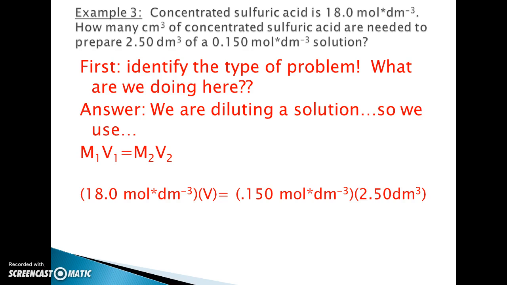On the right side of the equation, we know that we want to make a 0.5 mole per decimeter cubed solution, and we want to make 2.5 decimeters cubed of this solution. So we can easily solve for the volume of the original solution, and we get 0.0208 decimeters cubed, but it actually asked us for centimeters cubed, so then we need to convert from decimeter cubed to centimeter cubed, and that's basically liters to milliliters, so you multiply by 1,000.